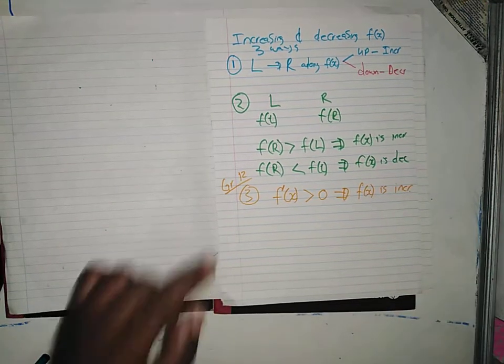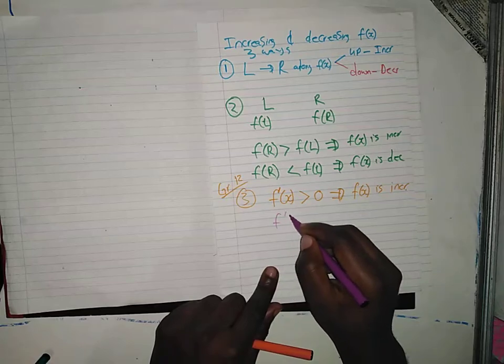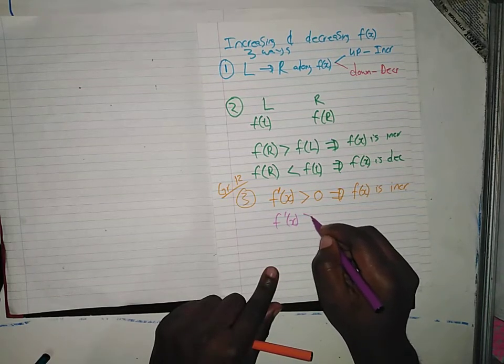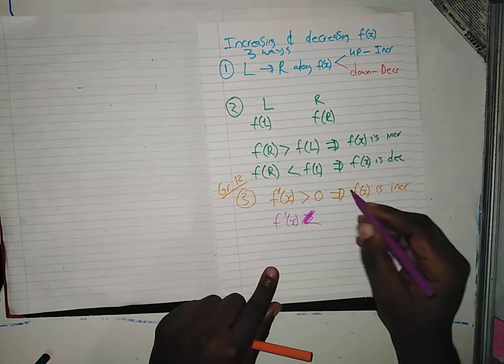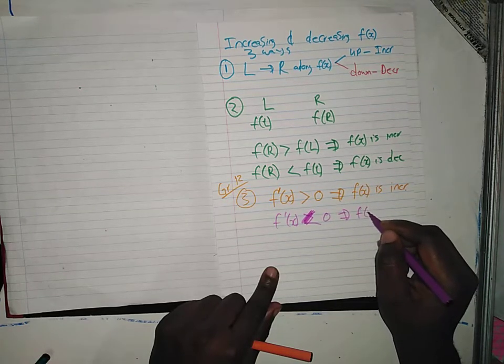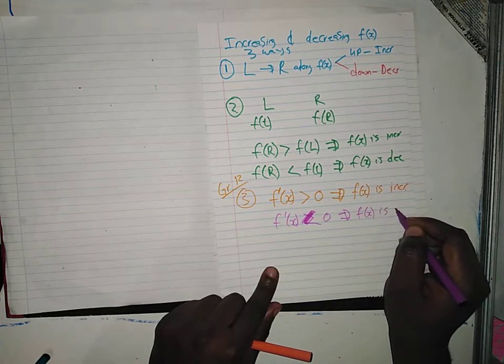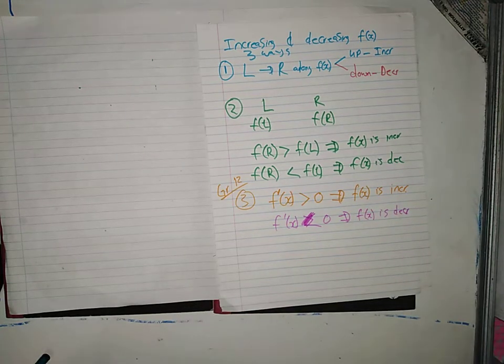And if f prime of x gives you a number that is less than 0, we know for a fact that f of x is decreasing. I'm summarizing this, guys, because I want to do this once and for all. I do not want any one of you missing this. I want you to know that I'm done with increasing and decreasing. I can focus on other things.